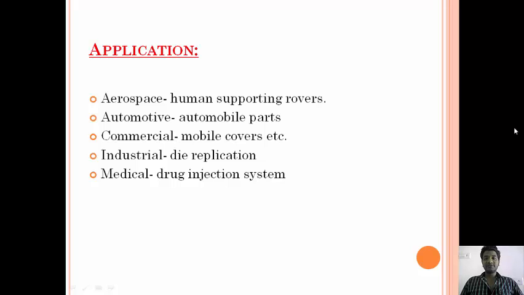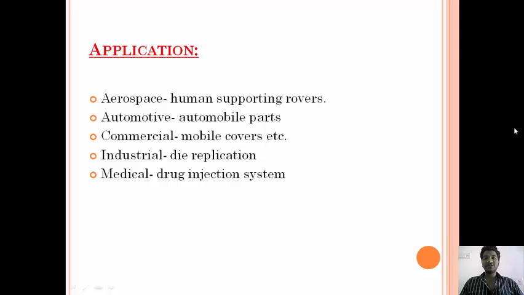By using the FDM method, we can create more complex parts. Commercially, the popularity of FDM is increasing. For example, it is used for creating mobile covers, bottles, and any plastic models can be created very easily with the help of FDM.